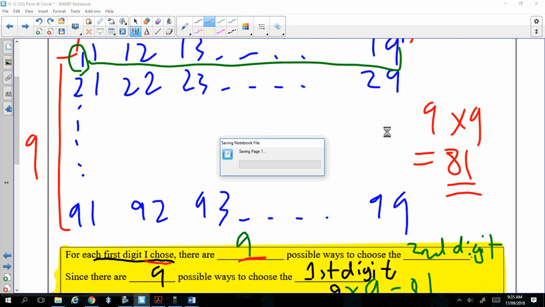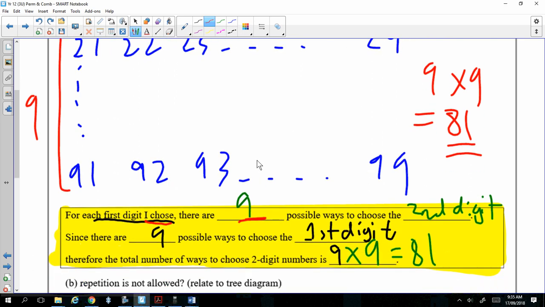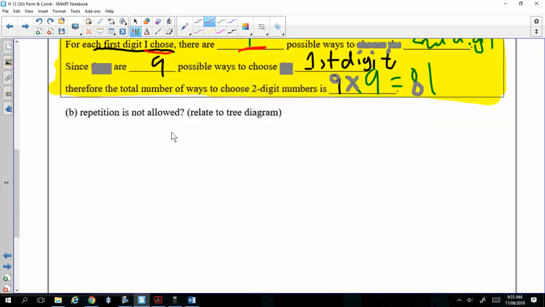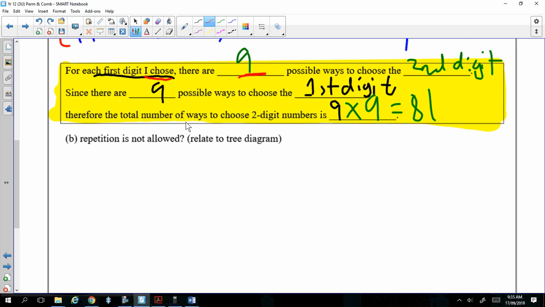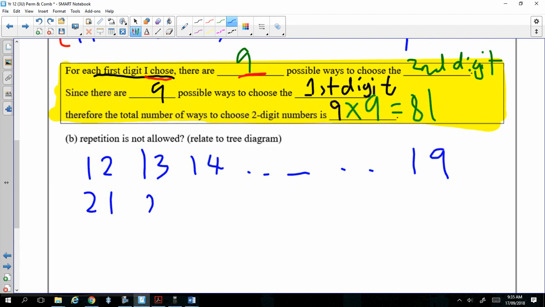What if repetition is not allowed? Same thing. There's 1, but you can't choose 1, 1, so it will be 1, 2, 1, 3, 1, 4, up to 1, 9. And then the next one will be 2, 1, 2, 2, but you can't have 2, 2, so it will be 2, 3, up to 2, 9. But for each case, there are 8 choices, isn't it?